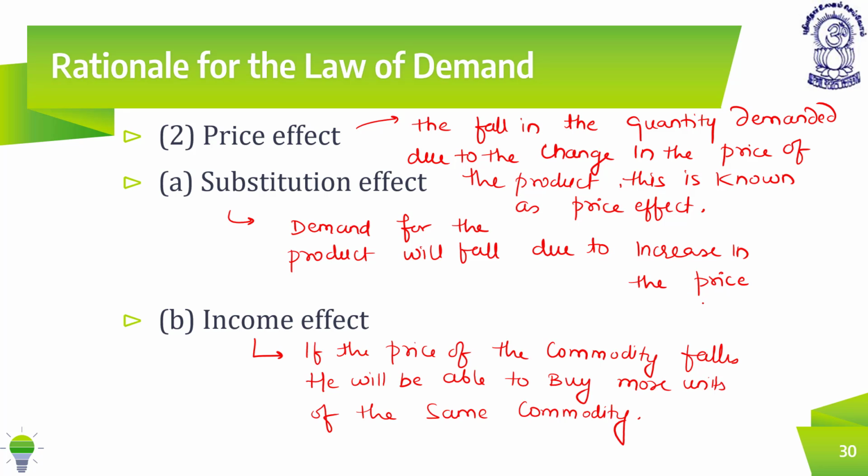Why? Because you have a substitute good available. So if there is an increase in the price, your consumers will shift to another substitute product. And this is the substitution effect.